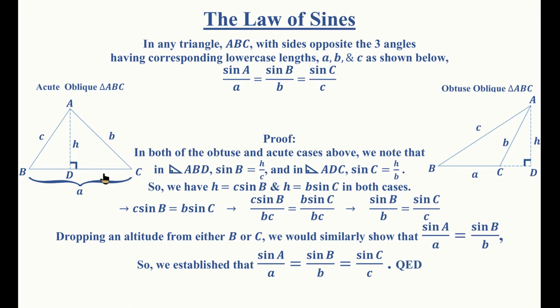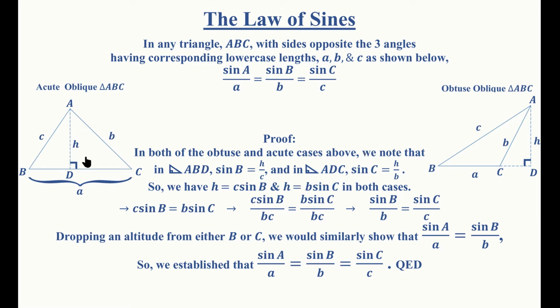But in both of the triangles, if you look at triangle ABD, we notice that the sine of B will be the opposite over hypotenuse, so h over c, correct? Notice the same goes on here. We're looking at this triangle ABD now, but the sine of B is still going to be h over c.